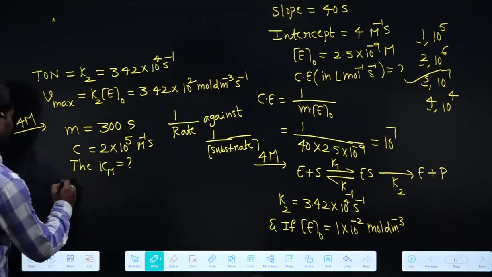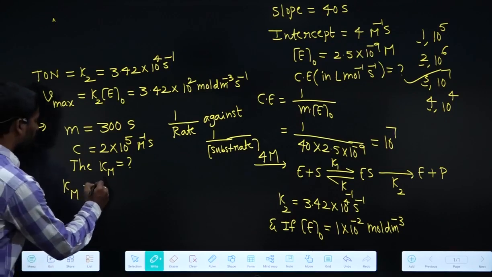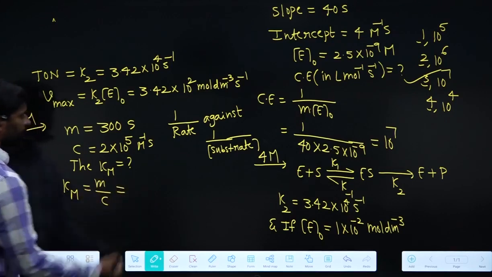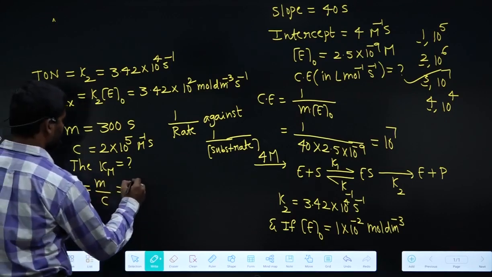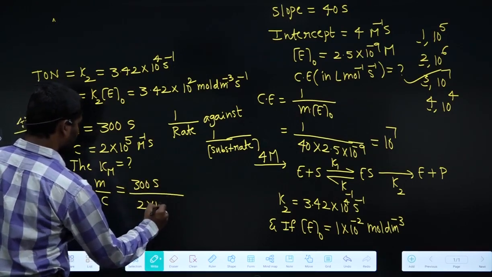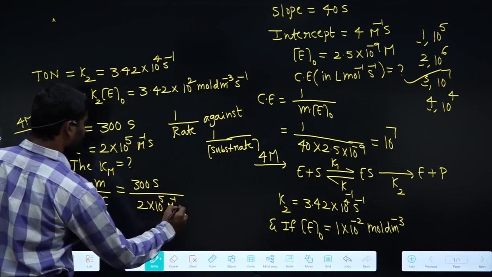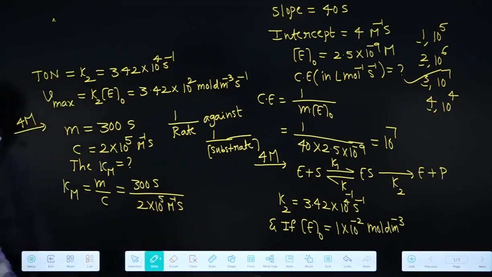How do we get Km? From the Lineweaver-Burk plot, slope by intercept. Direct question: slope by intercept, that is 300 seconds by 2 into 10 power 5 m inverse second. So we get m. The unit for Km is m.